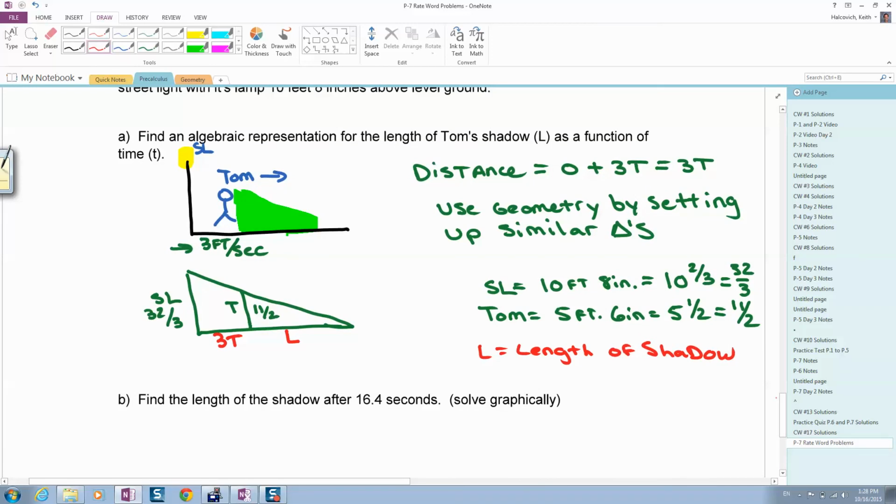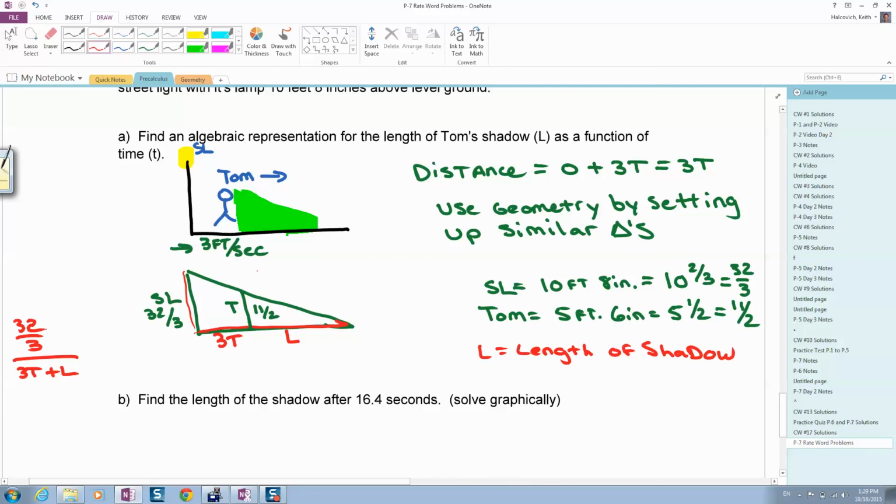So L is going to be the length of his shadow. So when we want to write an equation, we use similar triangles. So basically, in this big triangle here, we have 32/3 over 3t plus L, because 3t plus L is the length of this whole side of the big triangle.